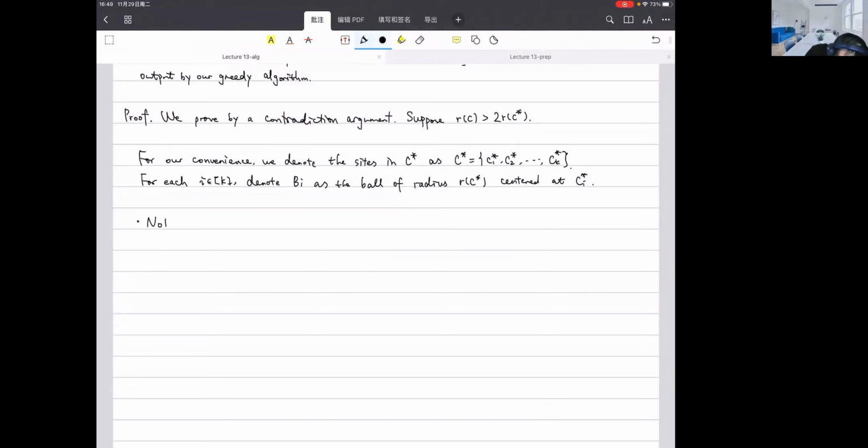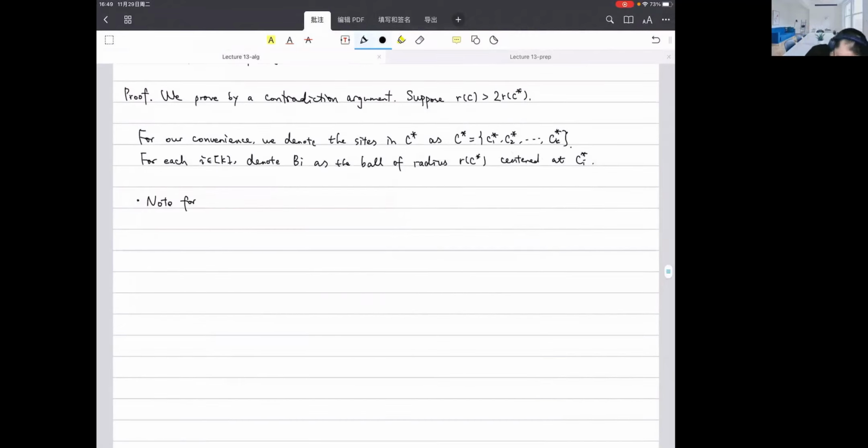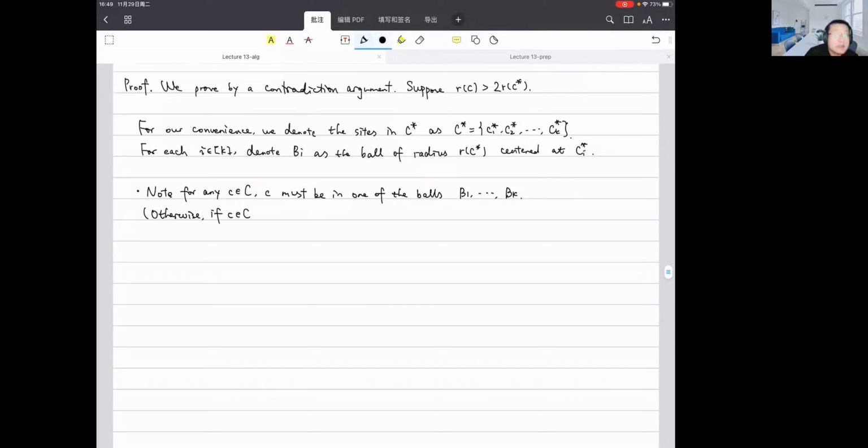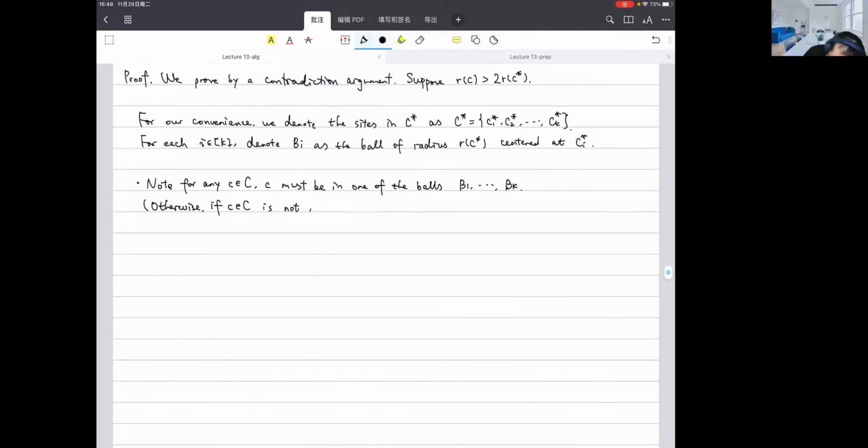So the first claim is that any c in C must be in one of the balls B1 until BK. Why is this the case? Otherwise, assume that this c in C is not in B1, B2 until BK.